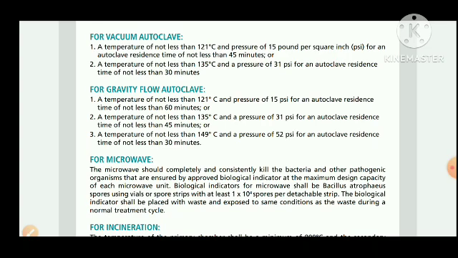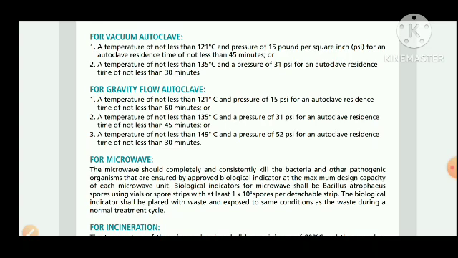Okay, again, if we want to reduce the time, we have to increase the temperature and the pressure. So in the second point, you can see that when we reduce the autoclave residence time, the temperature goes high, 121 to 135, and the pressure rises from 15 psi to 31 psi. Okay, there are two types of autoclave, vacuum autoclave and gravity flow autoclave.